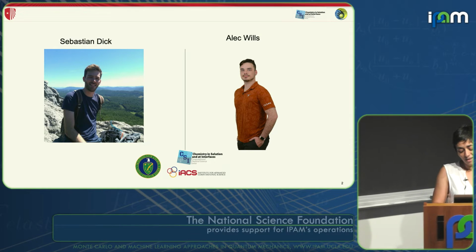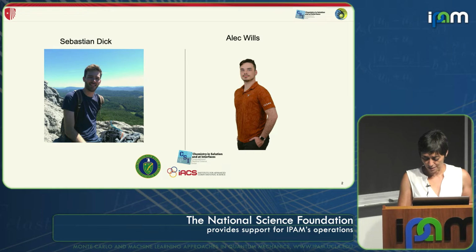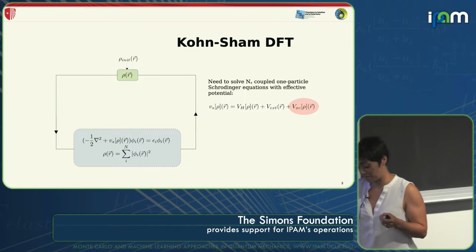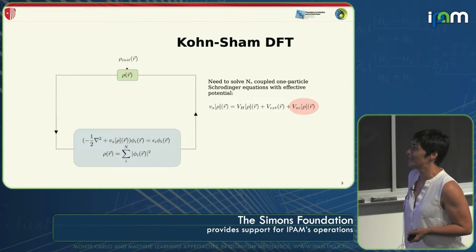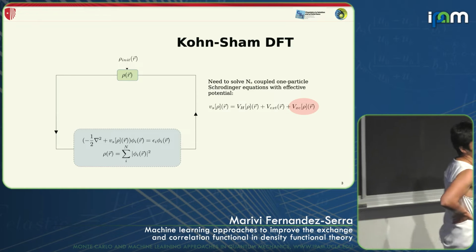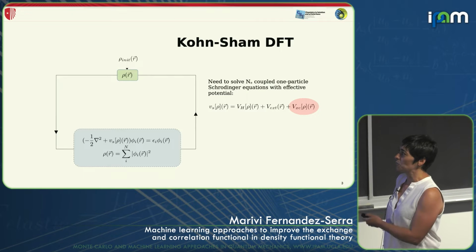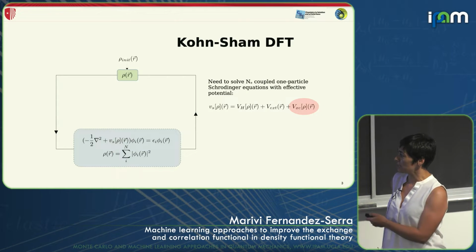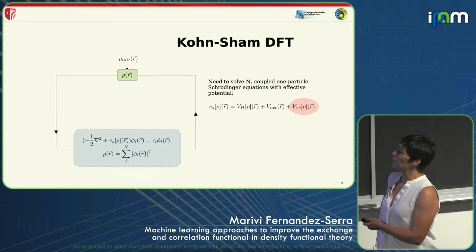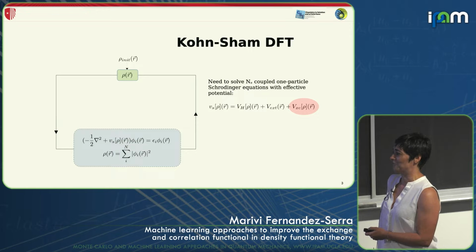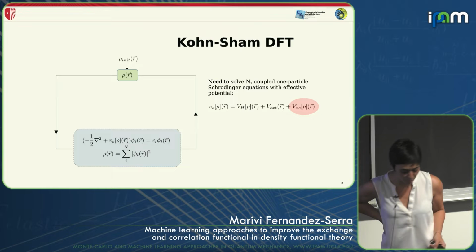So again, because I do have quite a packed talk, I'm not going to spend a very long time on the introduction, mostly also because I think we've had enough introduction about density functional theory. What I will say is that we are going to be working within the framework of Kohn-Sham density functional theory, which is, in theory, an exact framework and an exact ansatz to calculating the total energy of a many body interacting electron problem mapped into a non-interacting electron problem in the presence of an external potential.